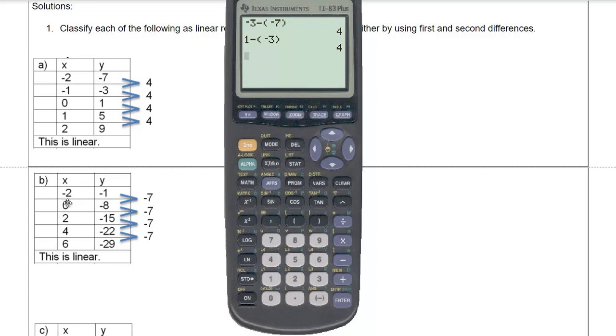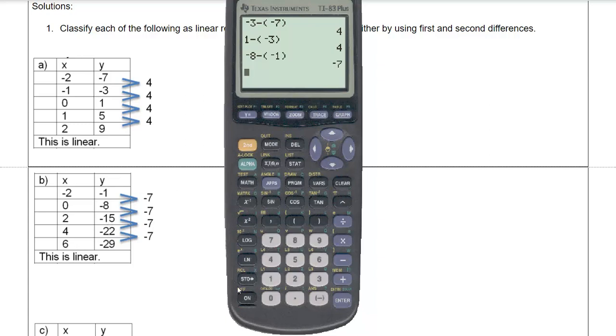So for the second one, notice the x values are changing by 2 in this case, and that's okay, as long as they're changing by the same amount. So we want the change from -1 to -8. We put -8 in first and subtract from it the -1. That's the same as -8 plus 1, so that works out to be -7.